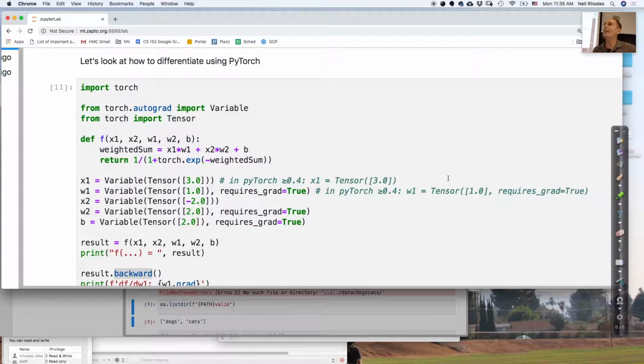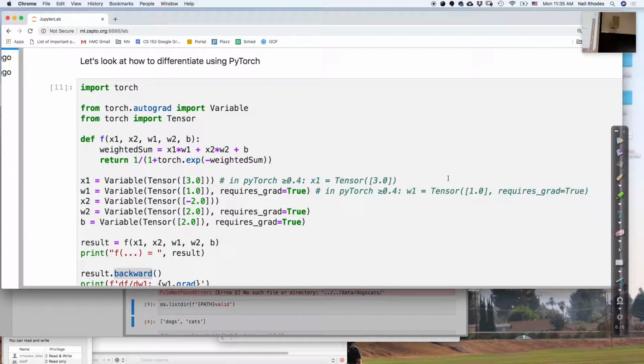I can't use math.exp because the weighted sum is actually not a number. It's a tensor. We can see here, x1 is a tensor with 3 in it, 3.0. You could do multiple nestings here to show higher dimensions. So this is just a one-dimensional tensor with one value in it. We can have a one-dimensional tensor with n values if we wanted, but we have one.